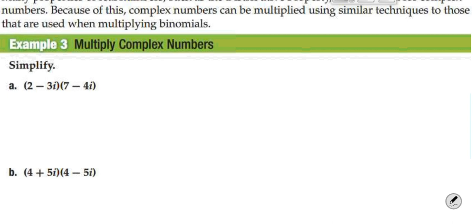I used to talk about FOIL all the time in my classrooms, but now I just say distributive property. So if you remember the distributive property, 5 times 3x minus 2, I multiply 5 times 3x, that would be 15x, 5 times negative 2 is minus 10, and that is the distributive property.